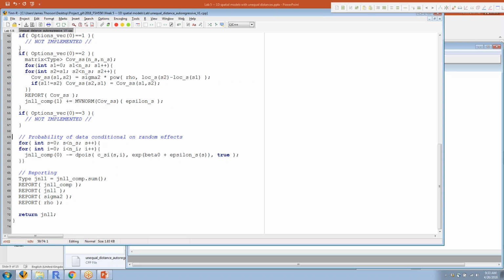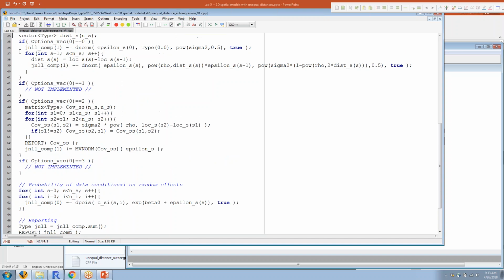The probability of data given random effects and fixed effects is the same simple thing we've looked at over and over again, where you've got a dPois, in this case, the probability of the data given a log-linked linear predictor.